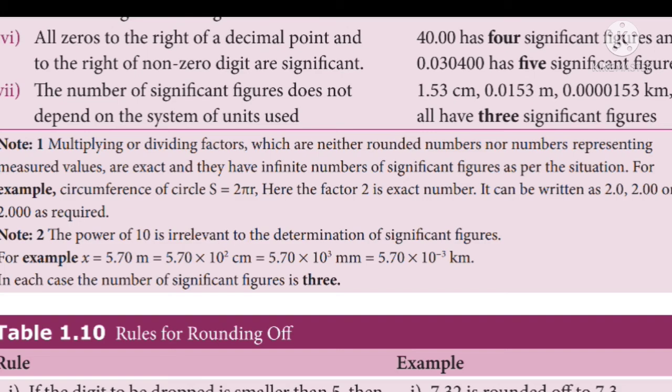So in each case, the number of significant figures is 3. So from this what we understand, the power of 10 is irrelevant to the determination of significant figures. So we have to omit all the 10 powers. After omitting all the 10 powers from these numbers, how many significant figures are there? 3.